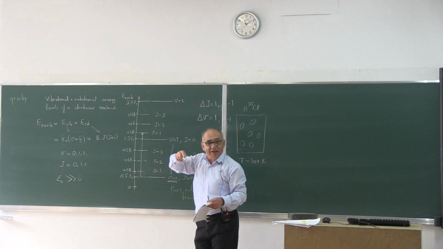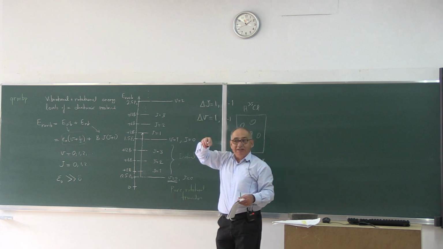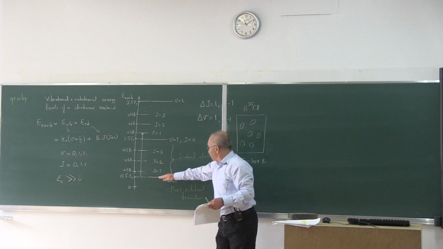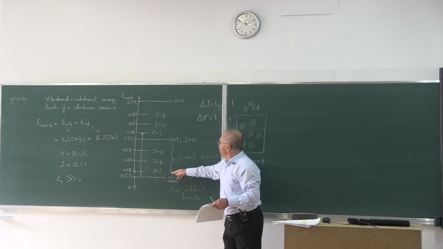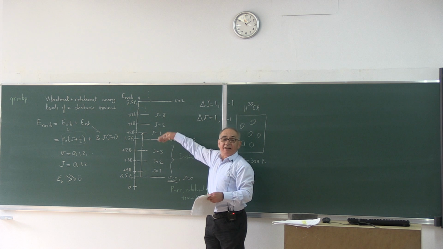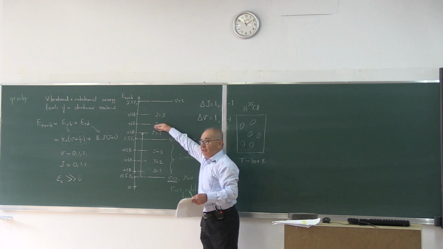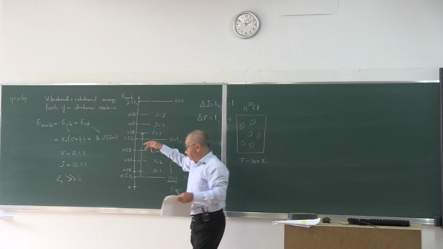Delta J will be 2. But the selection rule says delta J must be only 1. So the molecules with V equals 0, J equals 0 cannot make any other transition to the upper vibrational level. The only possibility is to the J equals 1 level.